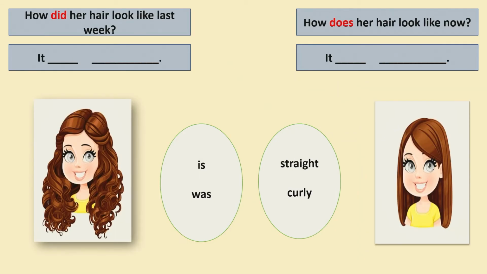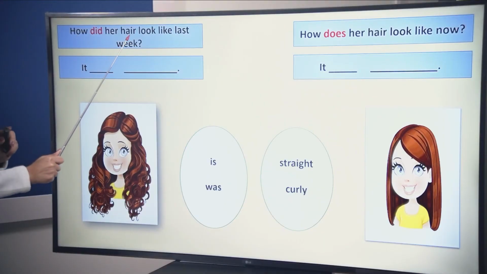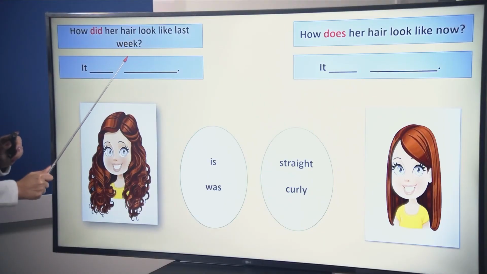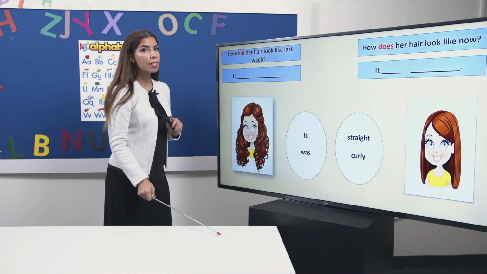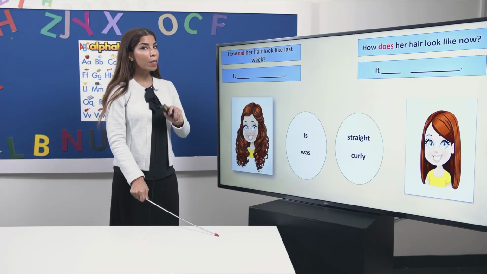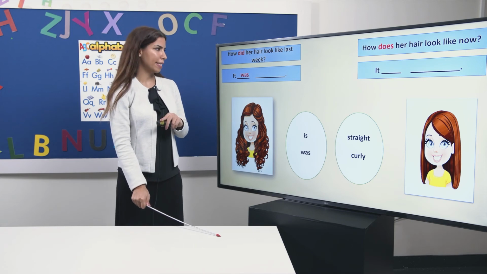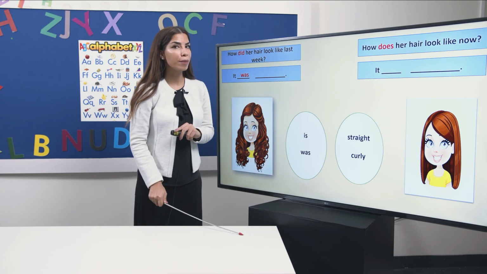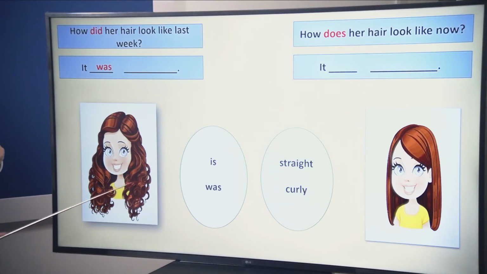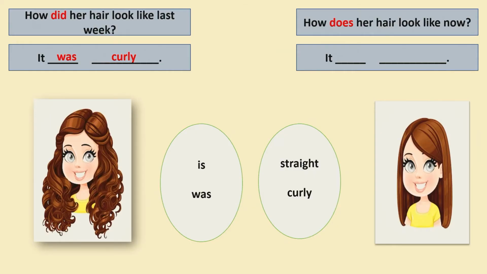Look at this girl. How did her hair look like last week? It is or was? What do we use in the past? Yes, it was straight or curly. Look very well. Yes, it was curly.